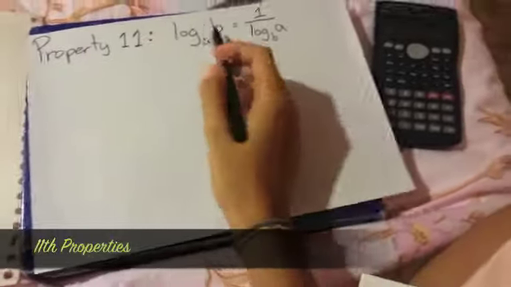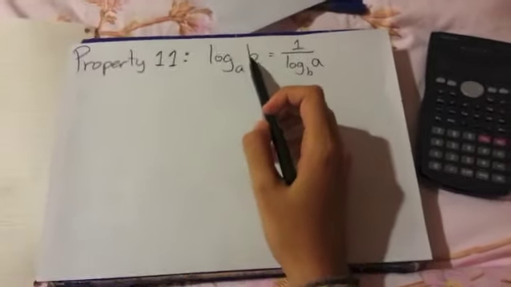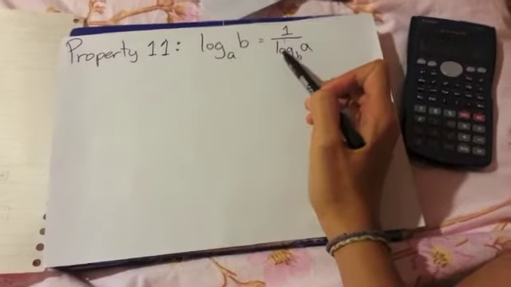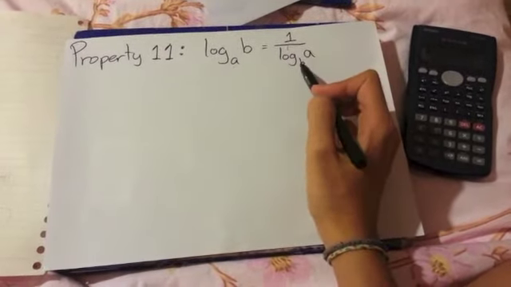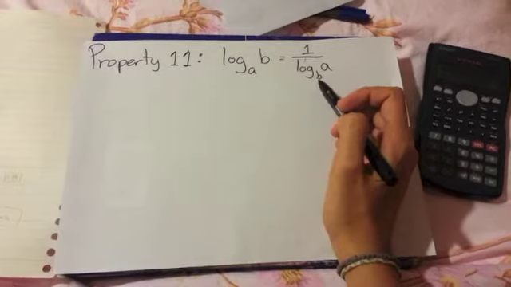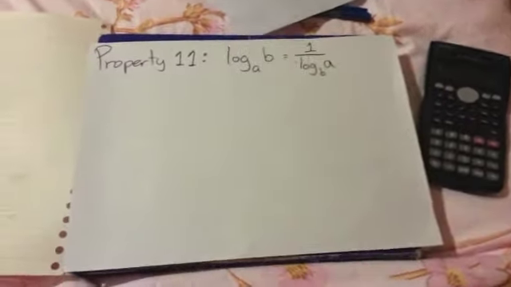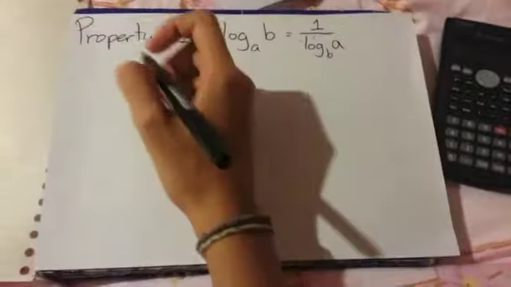Property 11. It's going to be log b in base a, which is equal to 1 by log a in base b. Now just put 1 up there, that's it.